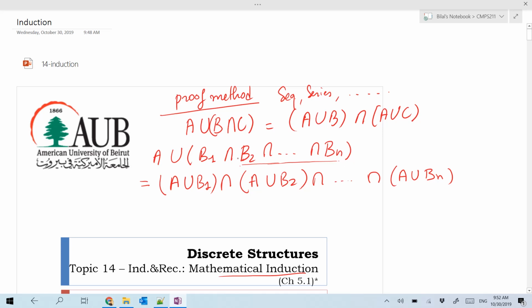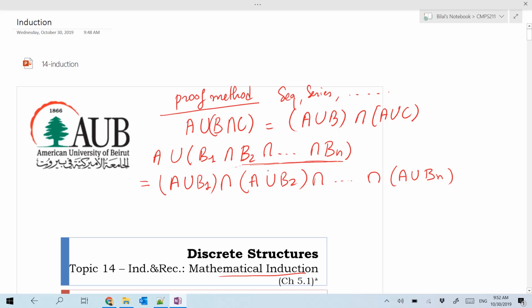Because of the associativity, we can put the parentheses here and then deal with this part of the equation as one single set, being the set C, and apply this rule to it. So we will end up with A union B1 intersect with A union B2 intersect B3 intersect Bn minus 1 intersect Bn. So this whole remaining part.